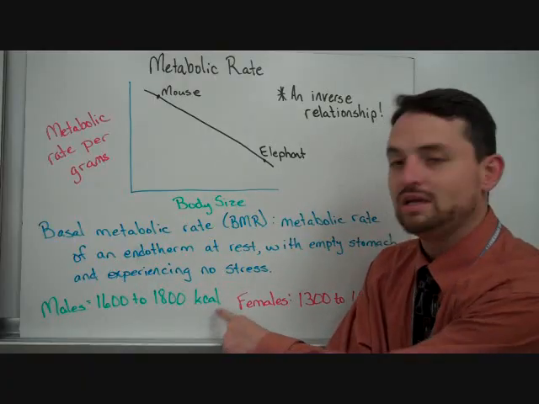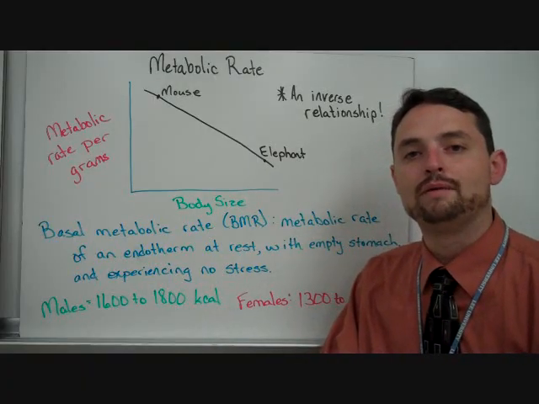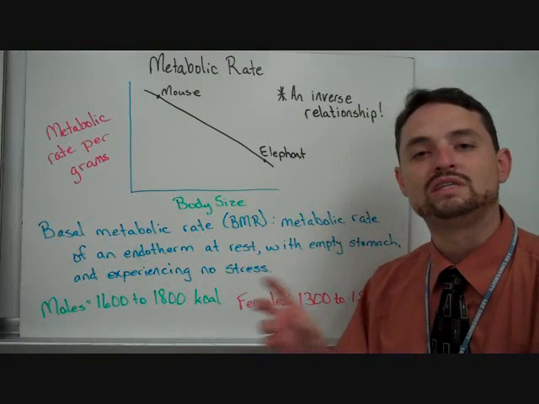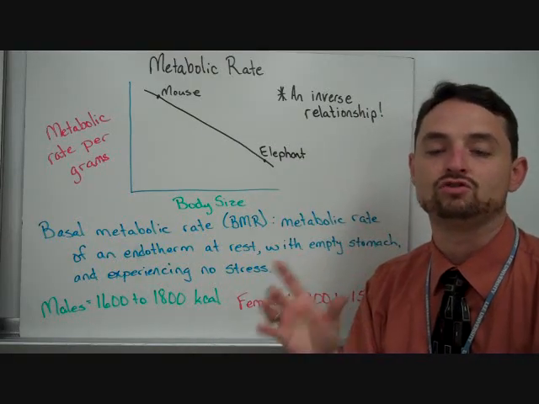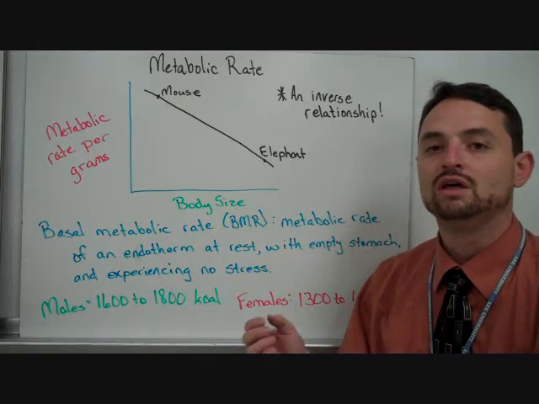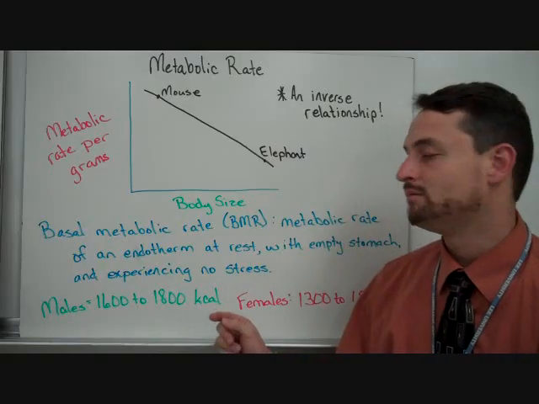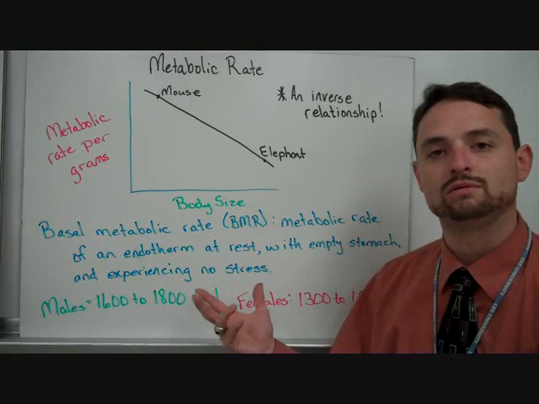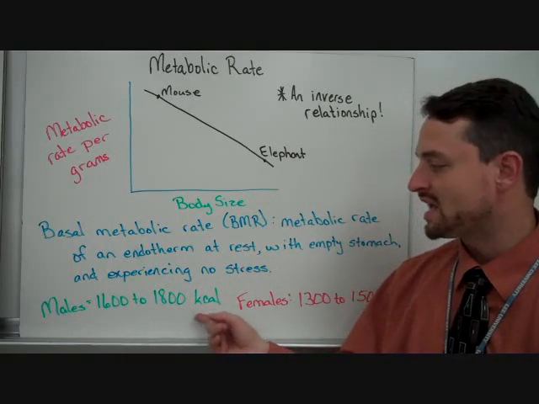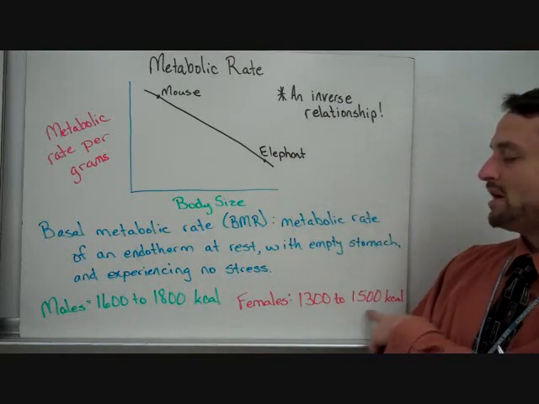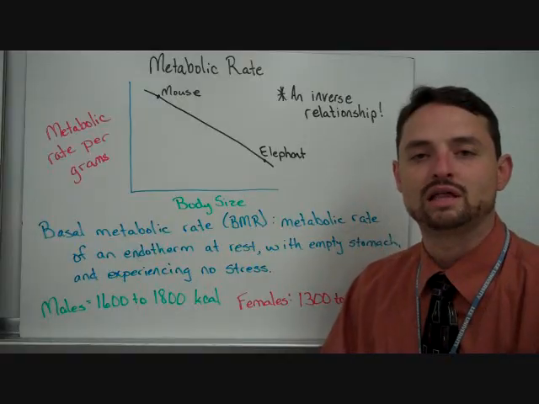A kilocalorie is a scientific measurement of the intake of energy. That equals what you would see on a package as a calorie. So if you drink a soda, it's 250 calories. That calorie is actually a kilocalorie. And that's the way a lot of people will choose to eat healthier, is to make sure they stay in that, for males, close to 2,000 calorie diet. For females, in that 1,500 to 2,000 calorie diet.